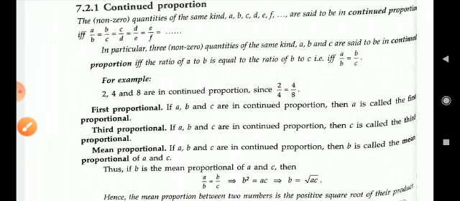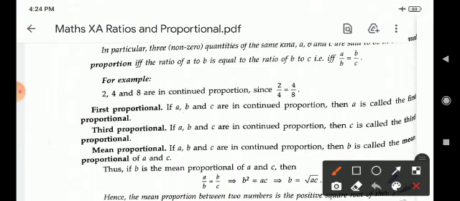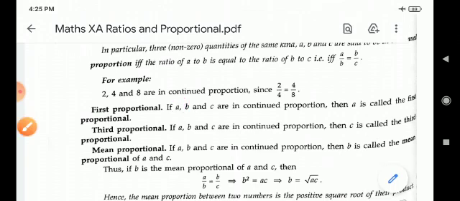First proportional: if a, b, c are in continued proportion, a is called the first proportional. If a, b, c are in continued proportion, then c is called the third proportional.